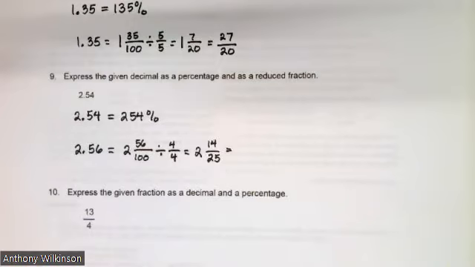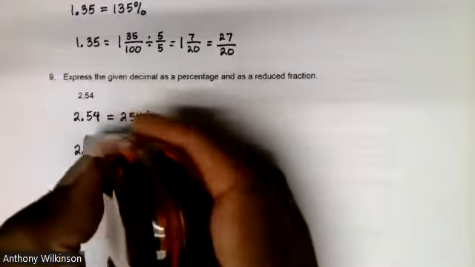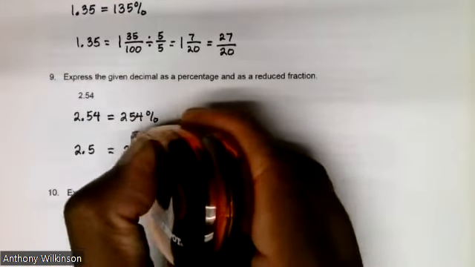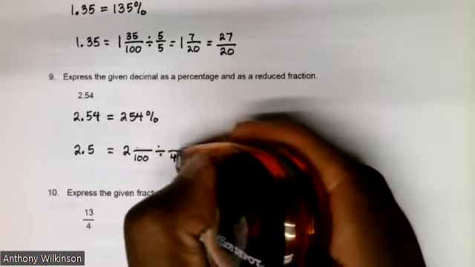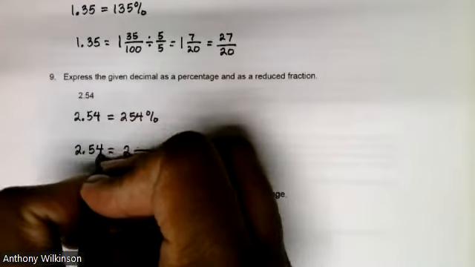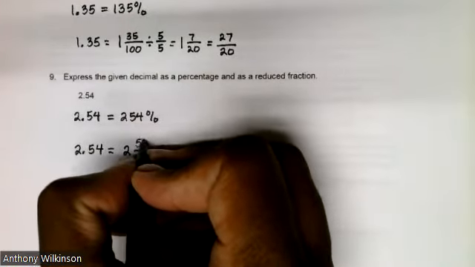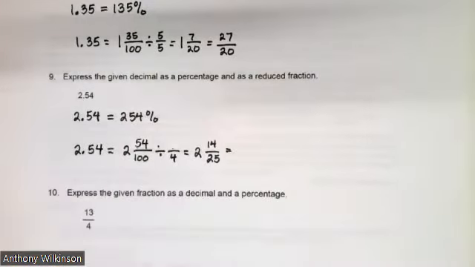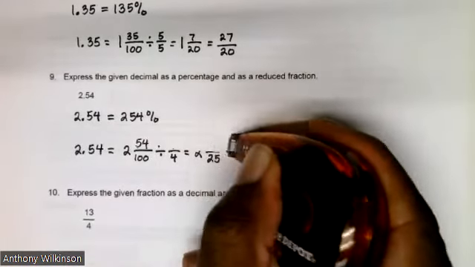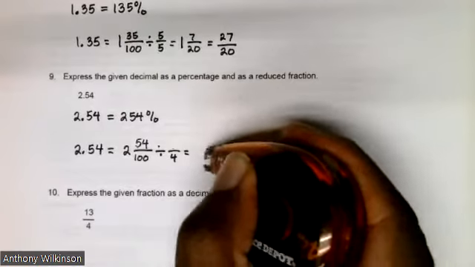Okay, did I do something? Oh, this should be 2.54. I think that's my mistake. Okay. And there is a big mistake that I made here. So let me go back and do this over.